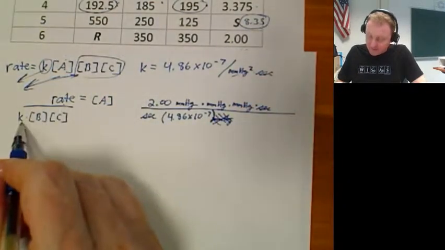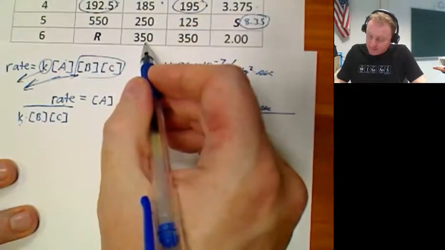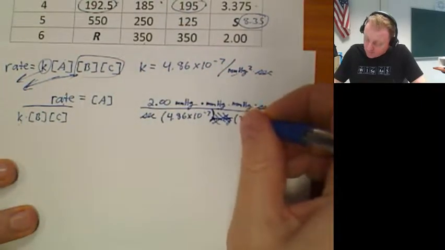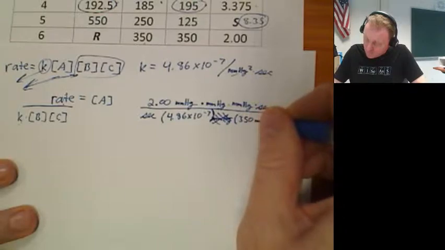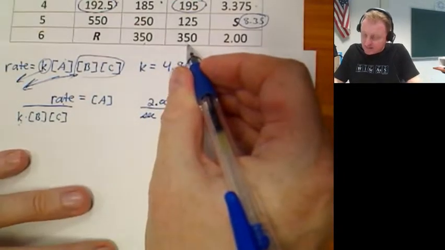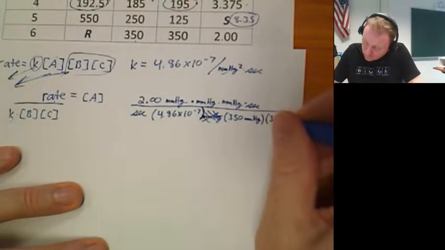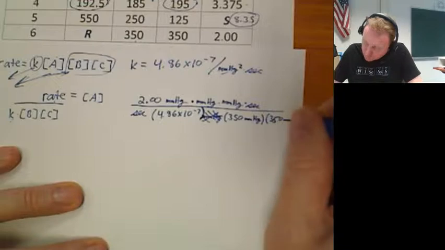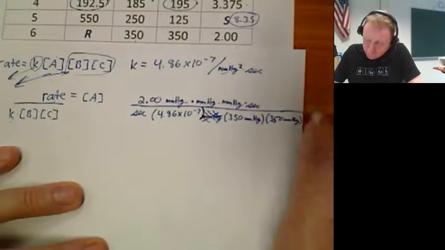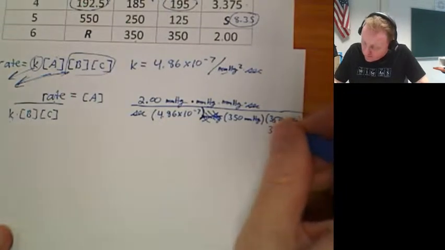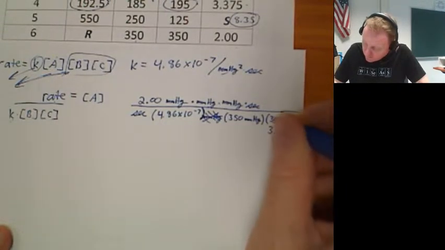That's K. B is 350 millimeters of mercury. And C is also 350 millimeters of mercury. I know it's kind of small there.